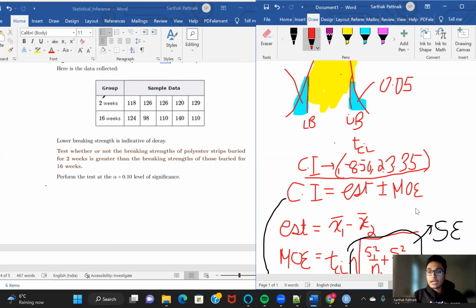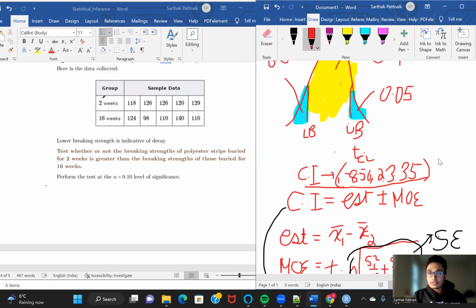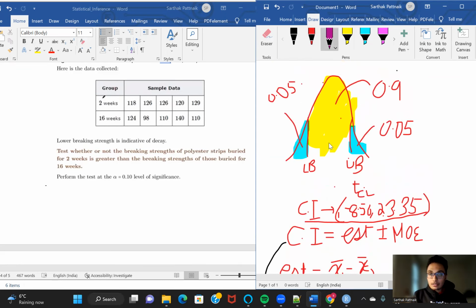And because the value that I've chosen in the null hypothesis lies in the range of the lower bound and the upper bound of the confidence interval, we can clearly state that we do not have enough evidence to reject the null hypothesis, because my point lies in between the lower bound and the upper bound and not beyond them.